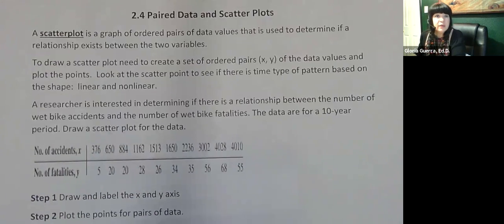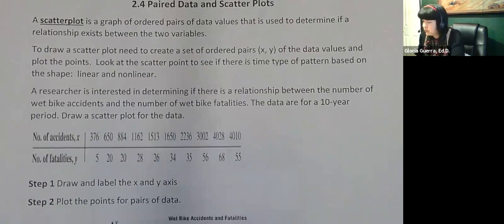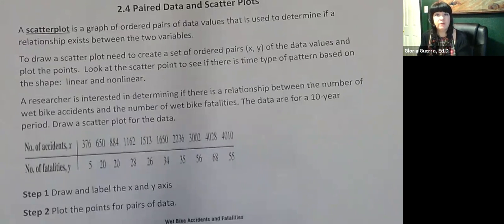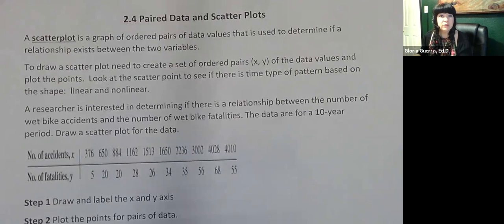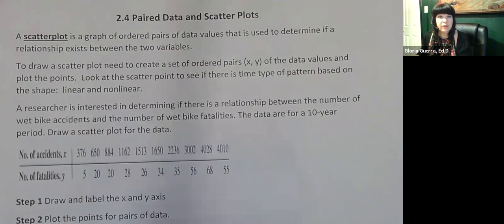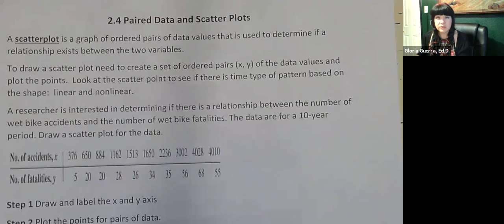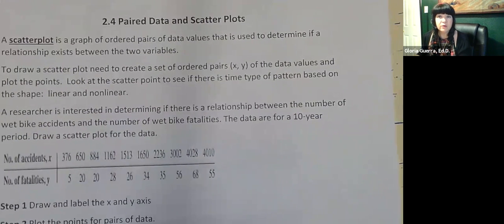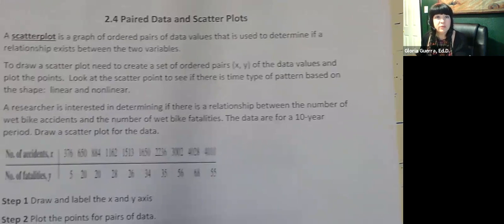It says here that a scatter plot is a graph of ordered pairs of data values that is used to determine if a relationship exists between two variables. To draw a scatter plot, we need to create a set of ordered pairs, x and y, of the data values and plot the points.